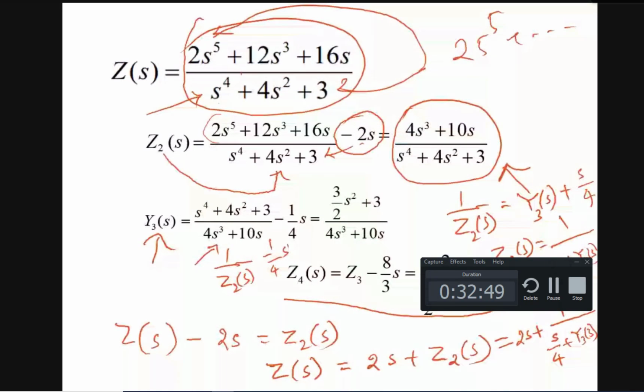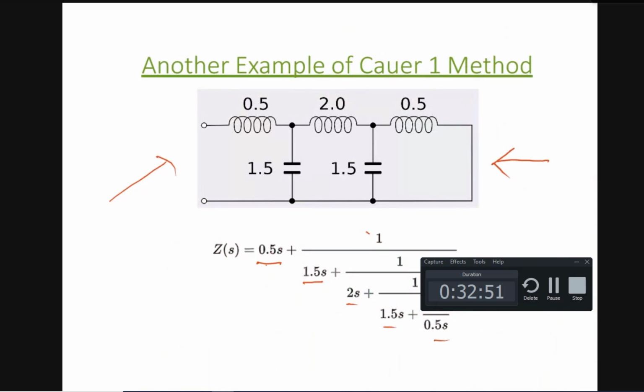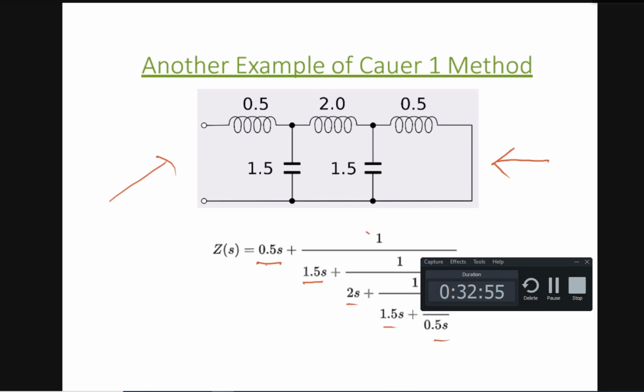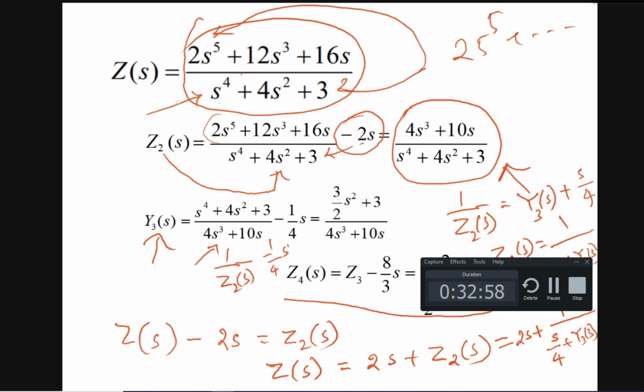And similarly in Cauer 2 form, Cauer 2 method, what is done is instead of impedance, we do it for admittance. So here we have done Z of s. Z2 of s we have written by looking at the denominator, multiplying by minus 2s, etc. But in case of Cauer 2 form, instead of impedance, we do it for admittance, Y of s.